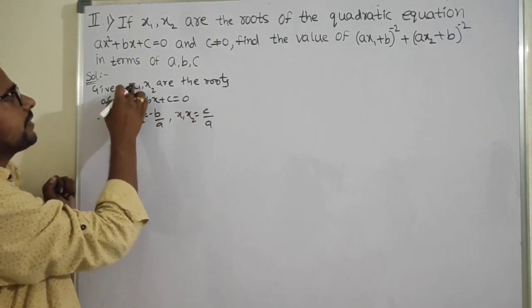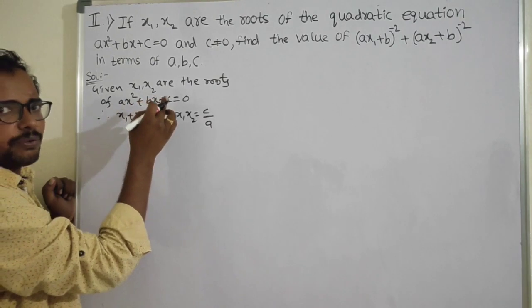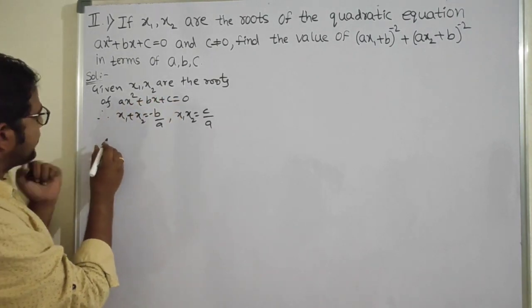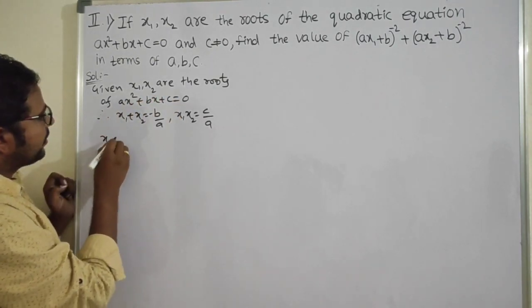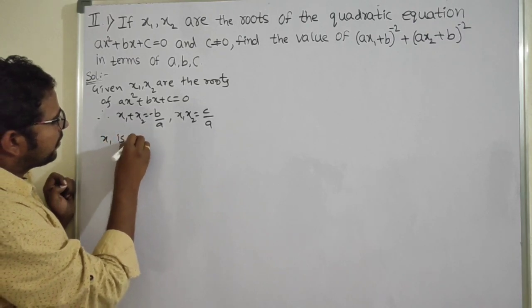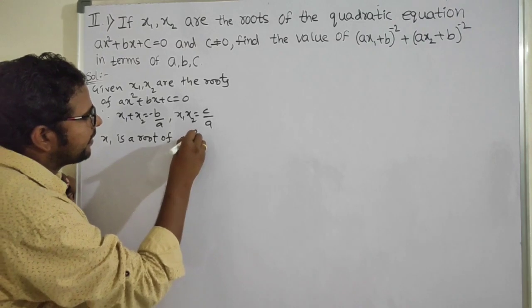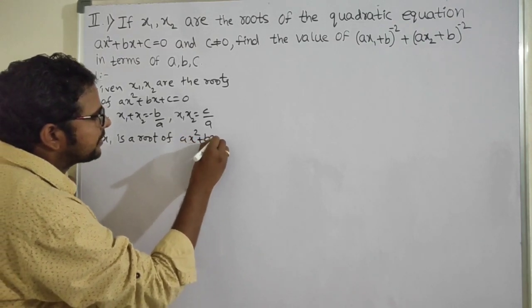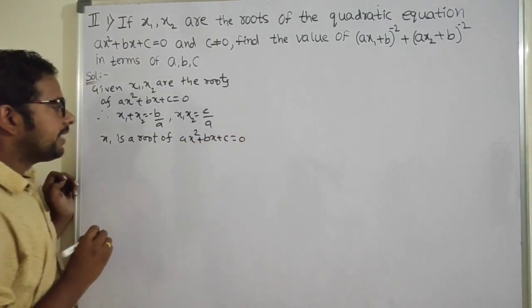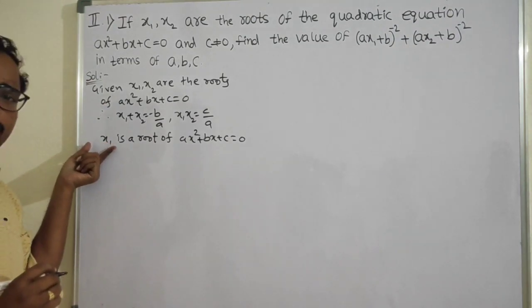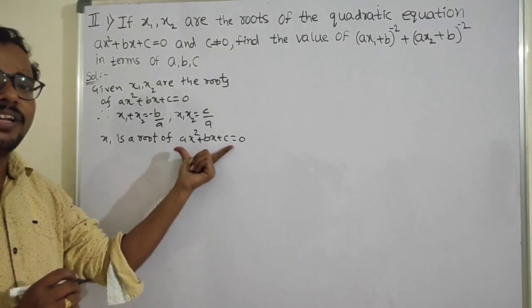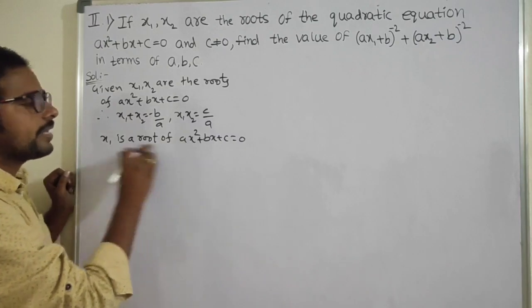What is given? x1 is a root of ax square plus bx plus c equals 0. Therefore, this x1 should satisfy this equation. We have to substitute x equals x1.